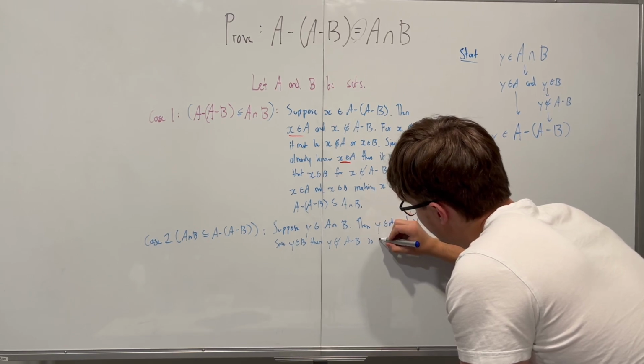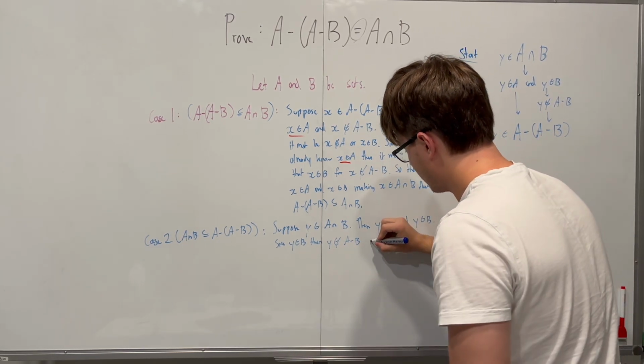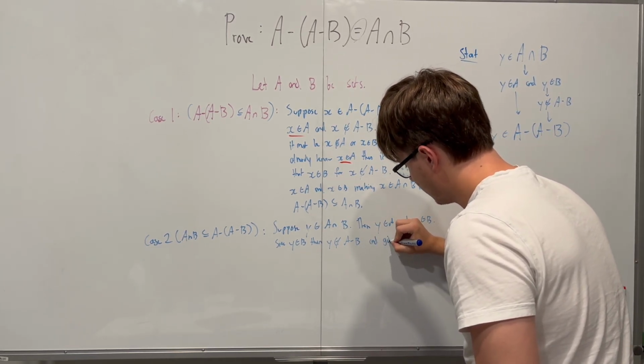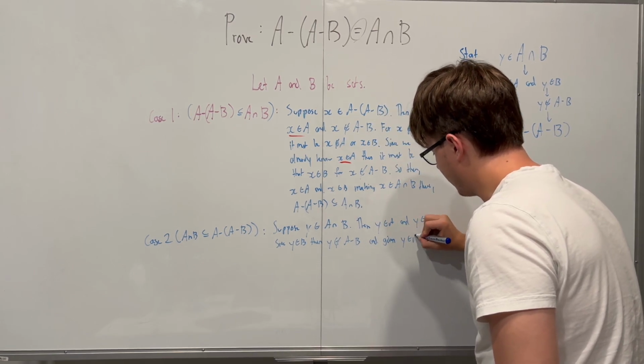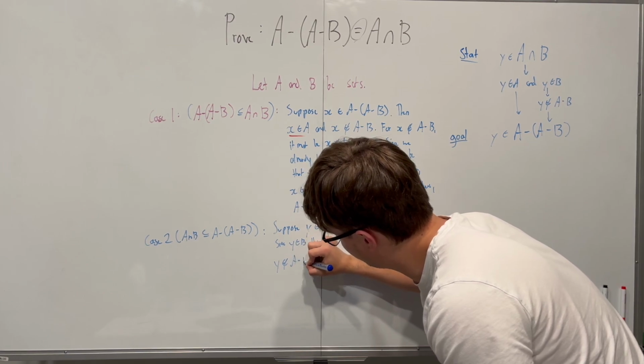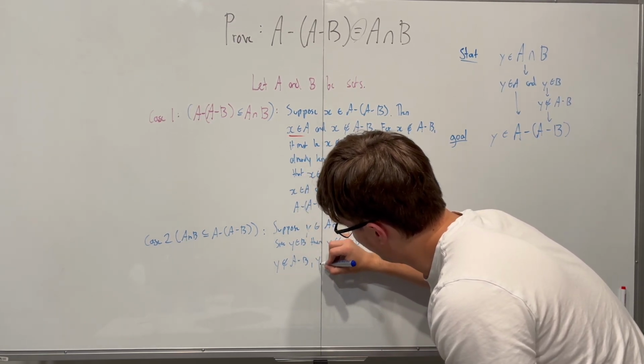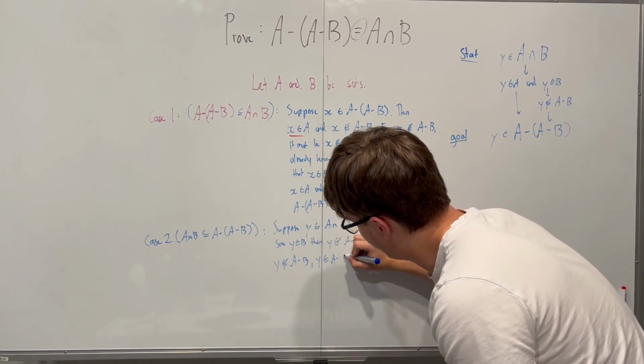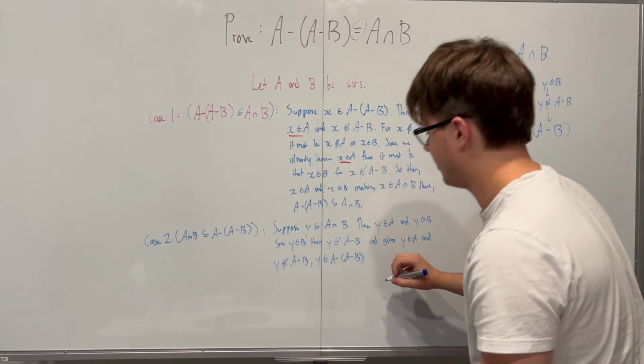So, given y is an element of A and y is not an element of B, y would be an element of A minus B.